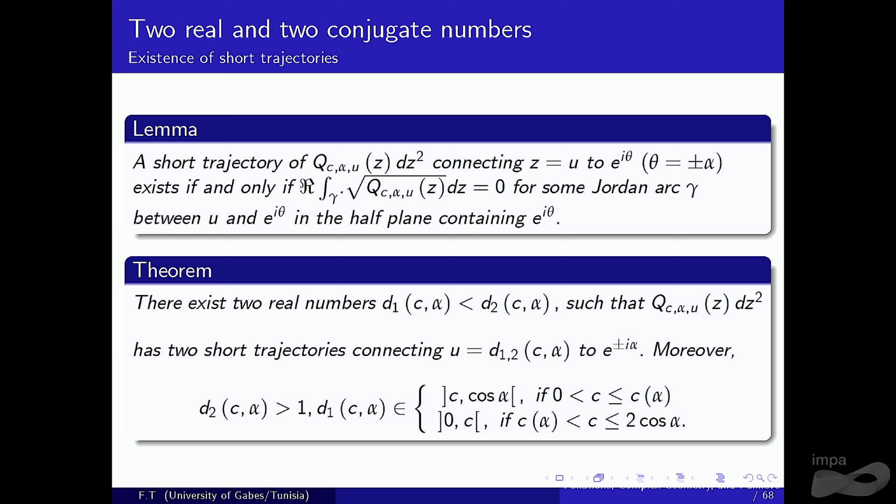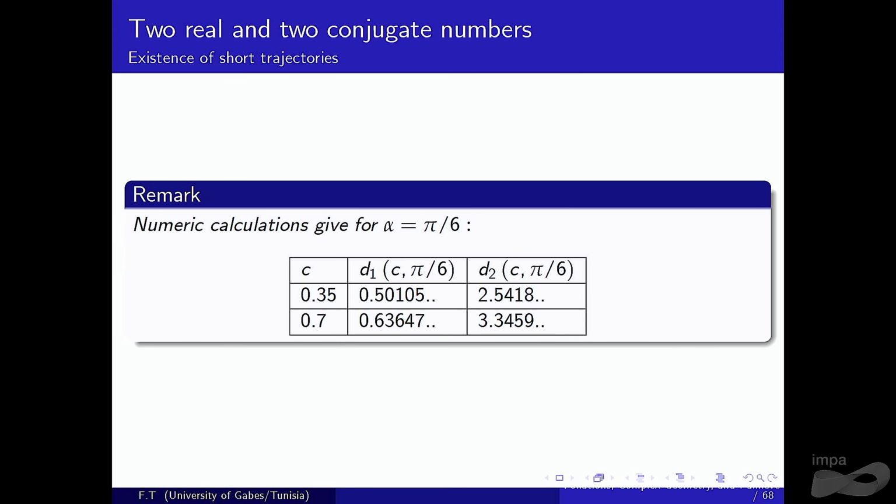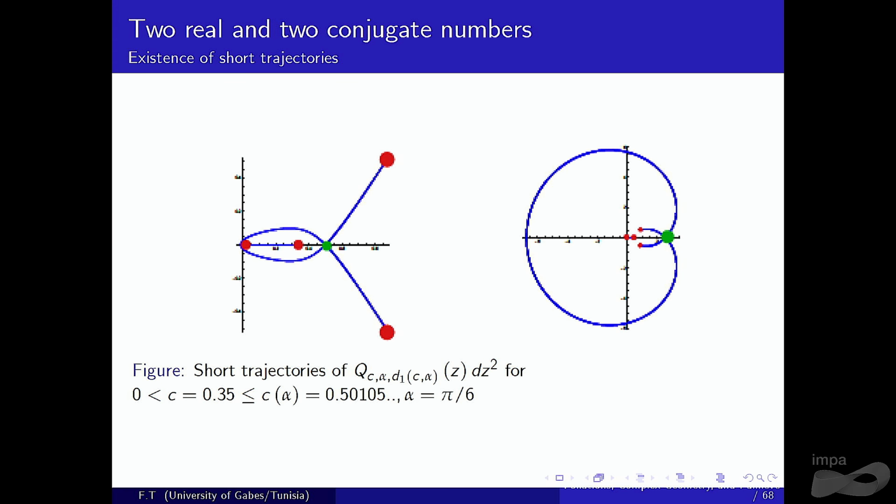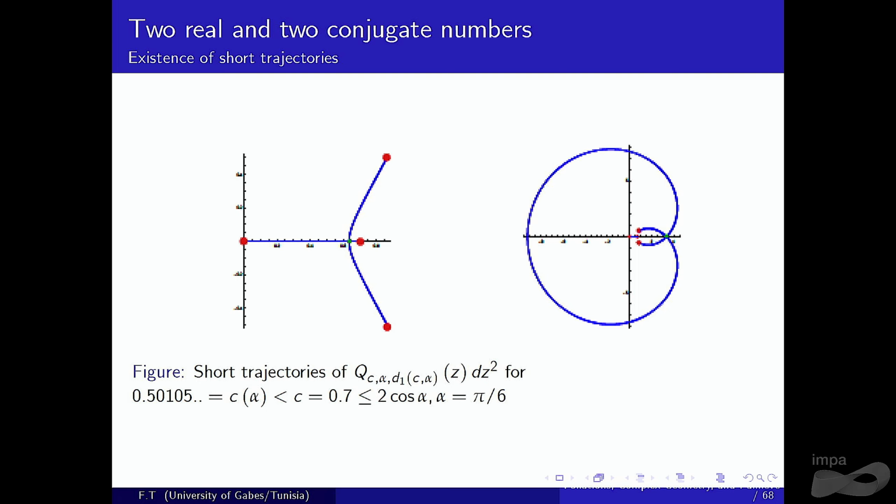We prove that there exist two real numbers D1, D2 such that we have two short trajectories connecting these points to exponential plus or minus I alpha. Here are some pictures. As you can see, the red points are the simple poles, and the green ones are the zeros. This is another case of trajectories connecting U to the simple poles.